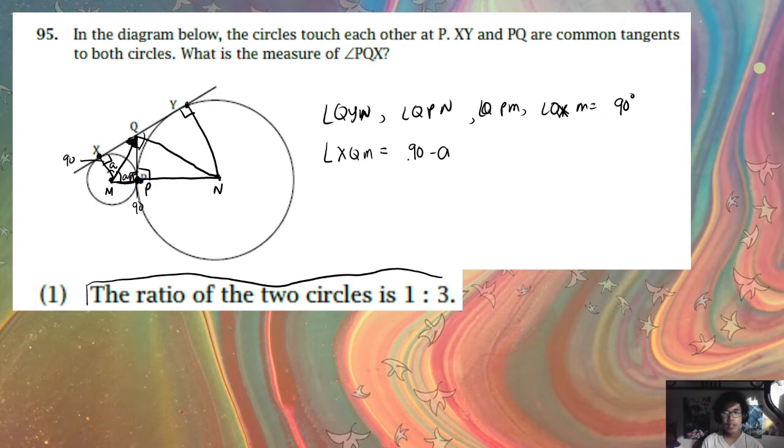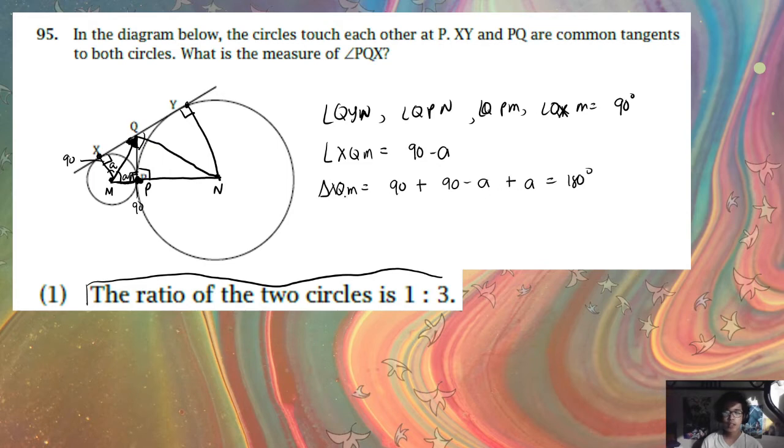Because A plus 90 minus A plus 90 should give us 180 for triangle XQM. Again, that's 90 plus 90 minus A plus A, which gives us 180 degrees.